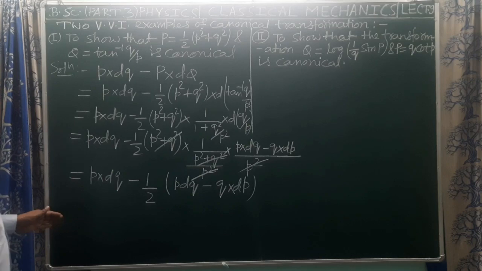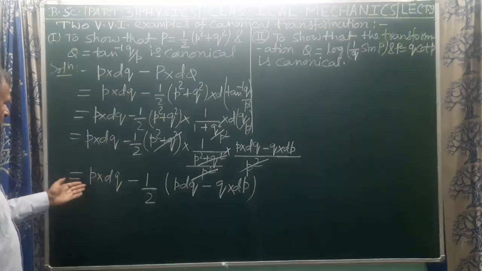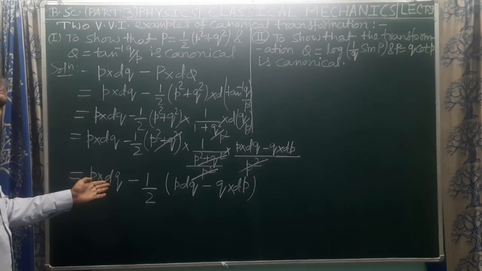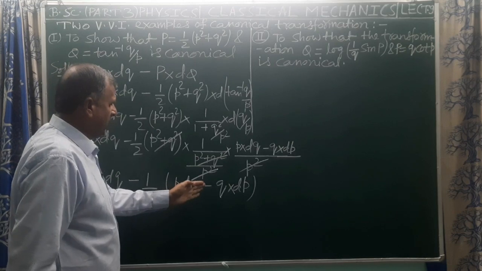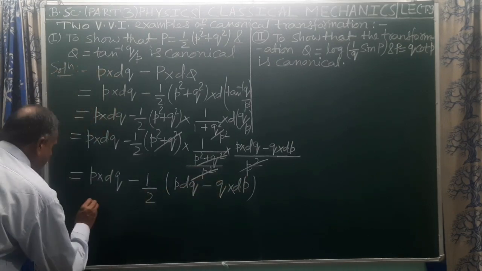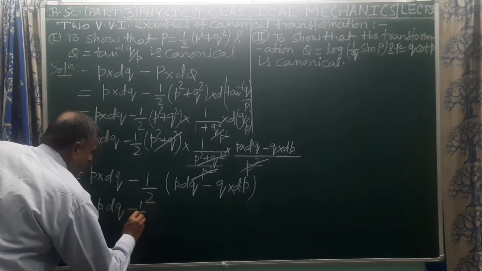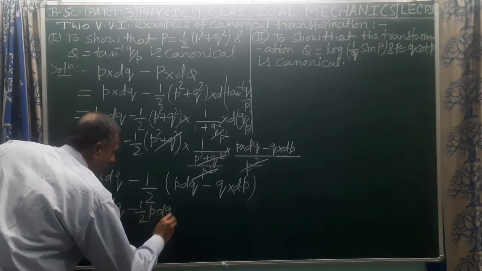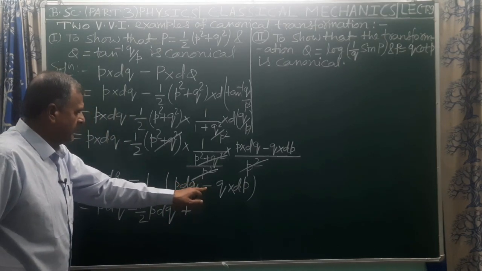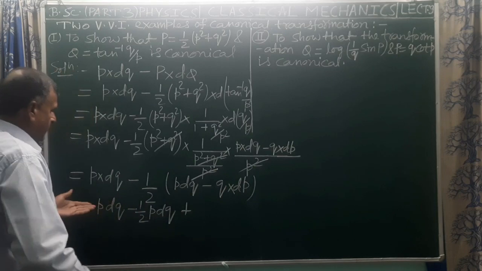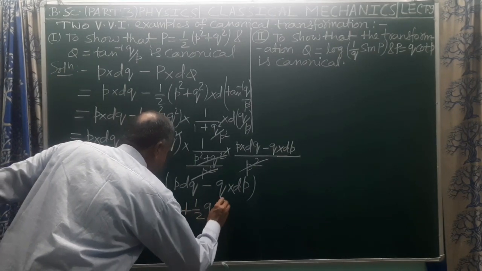So we have a small p into dq minus capital P into capital dq equals a small p into dq, d a small q minus 1 by 2 under bracket p dq minus q dp. Now we can write it as p dq minus 1 by 2 p dq, and the next term is minus 1 by 2 multiplied by minus q dp, which is plus 1 by 2 q dp.